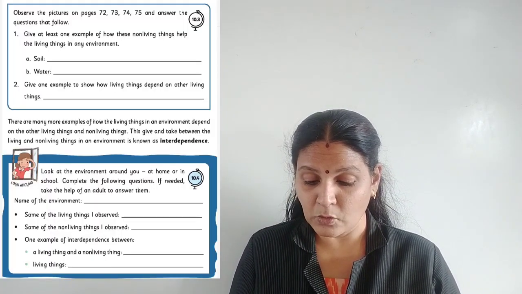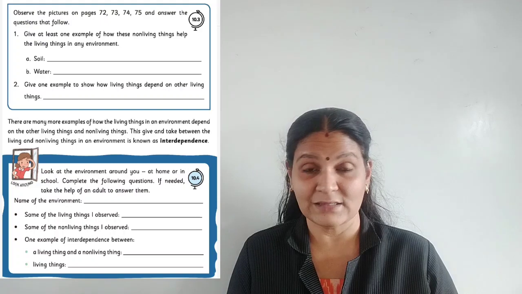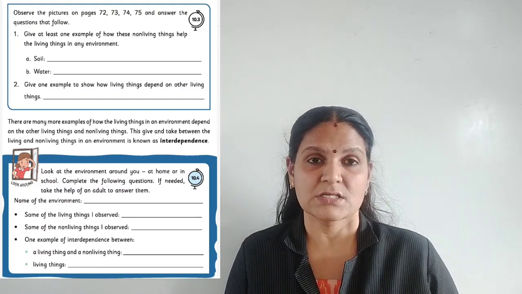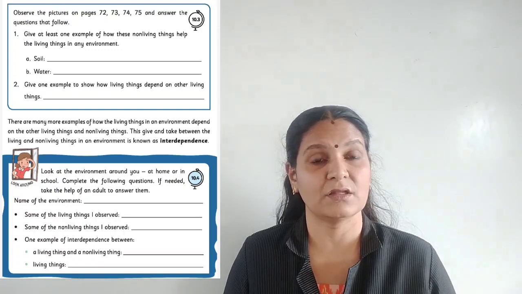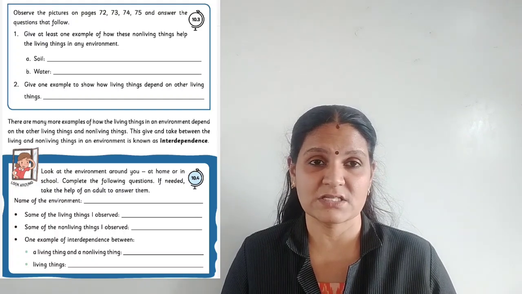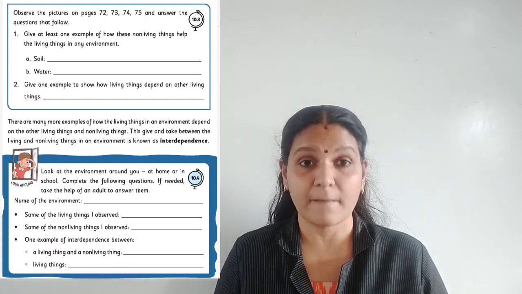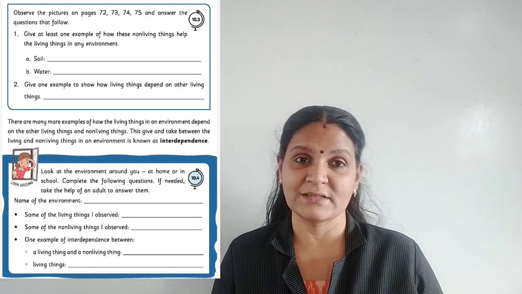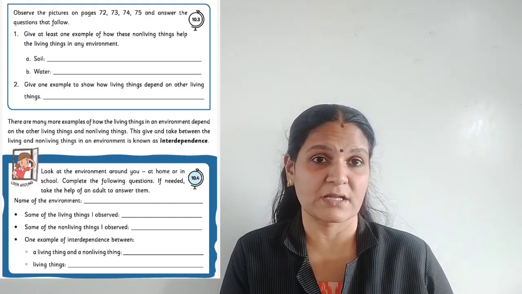So there are many more examples of how the living things in an environment depend on the other living things and non-living things. എങ്ങനെയാണ് ഒരു ലിവിങ് തിങ് മറ്റൊരു ലിവിങ് തിങ്ങിനെയും നോൺ ലിവിങ് തിങ്ങിനെയും ഡിപ്പെൻഡ് ചെയ്തുകൊണ്ട് സർവൈവ് ചെയ്യുന്നത് എന്നുള്ളതിൻ്റെ കുറച്ച് എക്സാമ്പിൾസ് മാത്രമേ നമ്മളിവിടെ ഡിസ്കസ് ചെയ്തുള്ളൂ. ദർ ആർ സോ മെനി അതർ എക്സാമ്പിൾസ്. സോ ദിസ് ഗിവ് ആൻഡ് ടേക്ക് ബിറ്റ്വീൻ ദ ലിവിങ് ആൻഡ് ദ നോൺ ലിവിങ് തിങ്സ് ഇൻ ആൻ എൻവയൺമെൻറ്റ് ഇസ് നോൺ ആസ് ഇന്റർഡിപെൻഡൻസ്. അപ്പോൾ ടീച്ചർ പറഞ്ഞ പോലെ ഒരു സാധനം നമ്മൾ എടുക്കുന്നു, മറ്റൊരു സാധനം നമ്മൾ നേച്ചറിലേക്ക് കൊടുക്കുന്നു, അല്ലേ? ഈ ഗിവ് ആൻഡ് ടേക്ക് ഇതിനെയാണ് ഇന്റർഡിപെൻഡൻസ്, അല്ലേ?